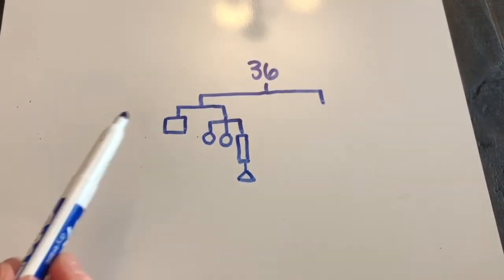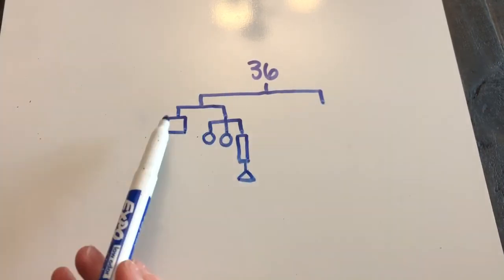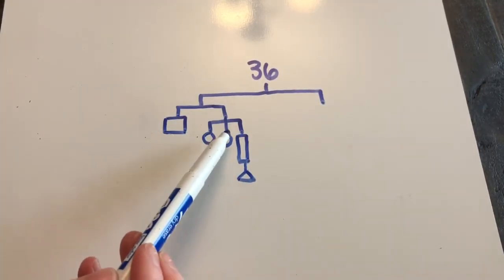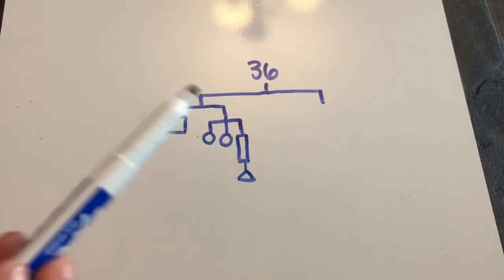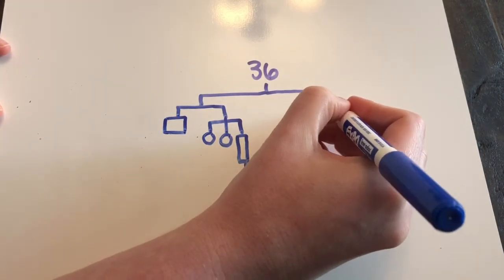Okay, so I got 18, 9, and 9. And then over here, what I'm going to do is put a square.